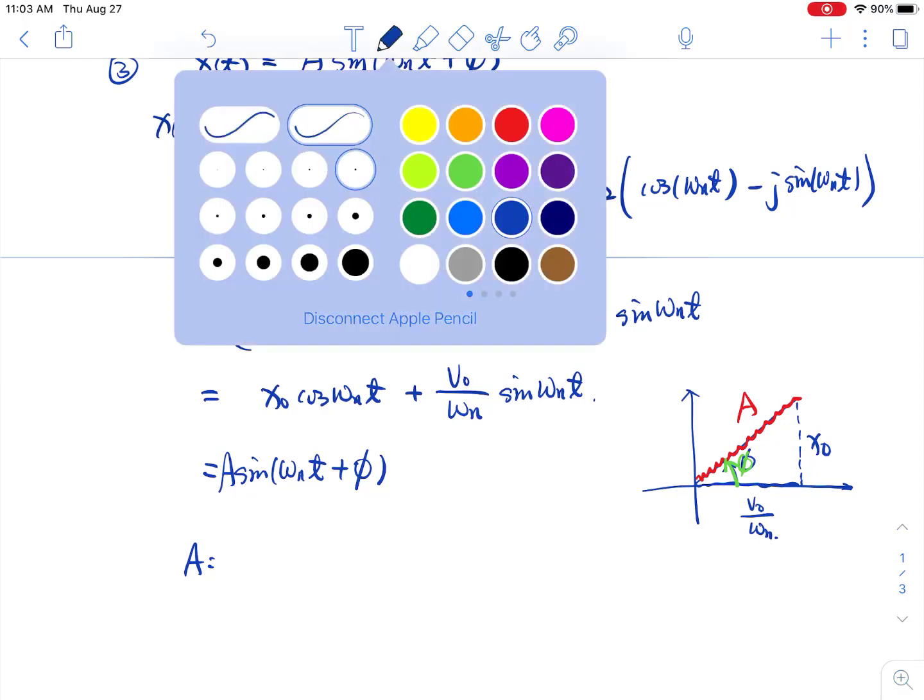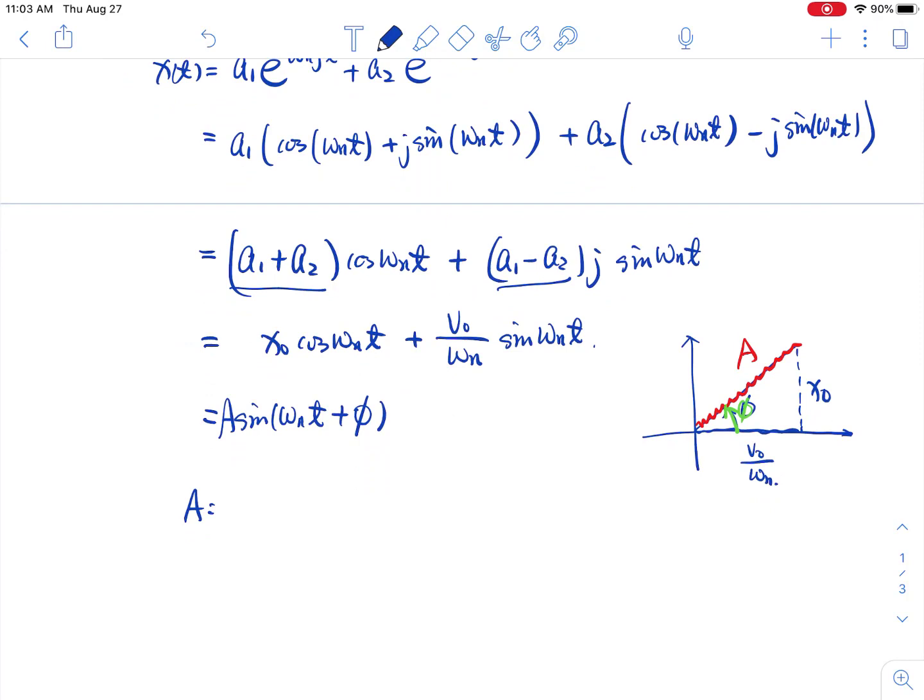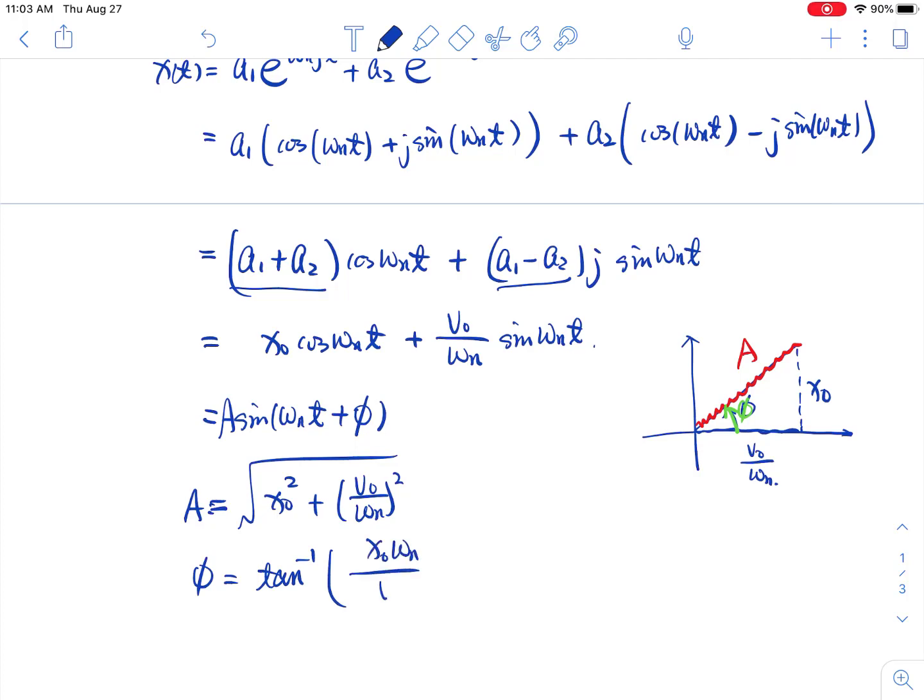All right, so then we can easily identify A and φ from this triangle. So A is the square root of x naught squared plus (v naught over ωn) squared, and then φ is just inverse tangent of x naught ωn over v naught. Cool.